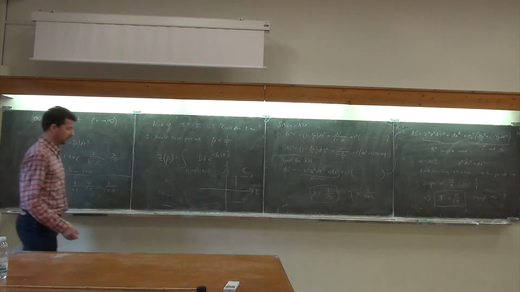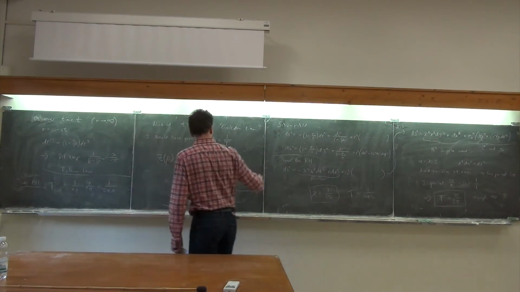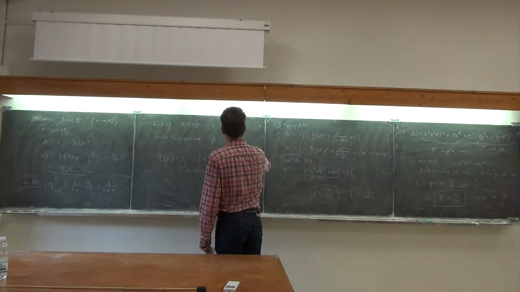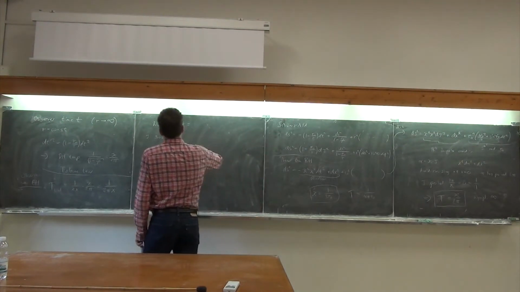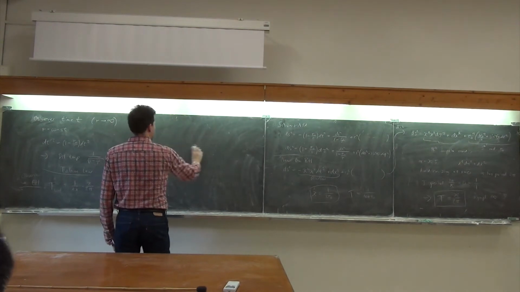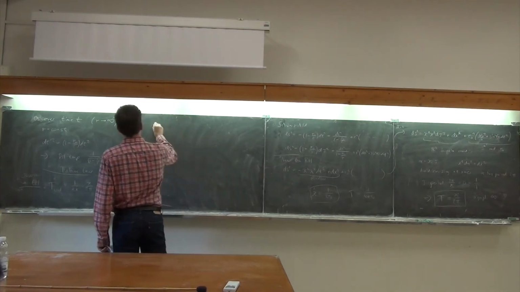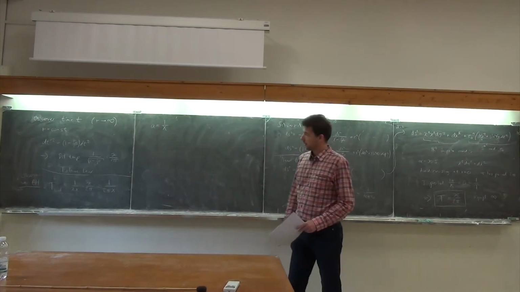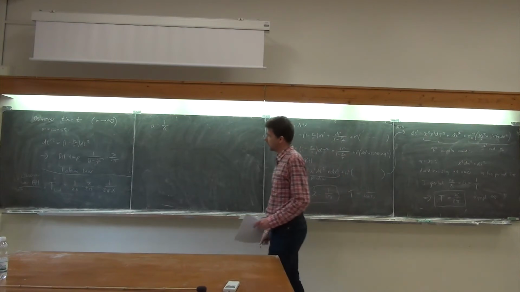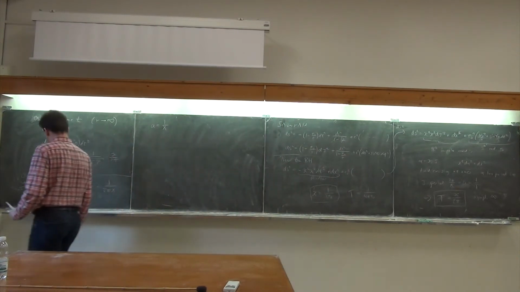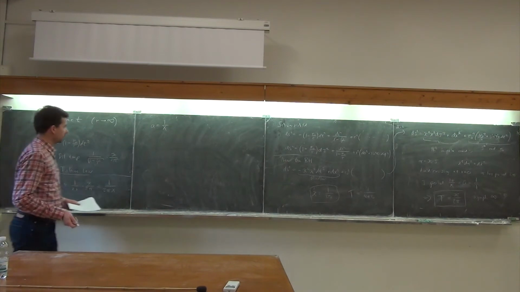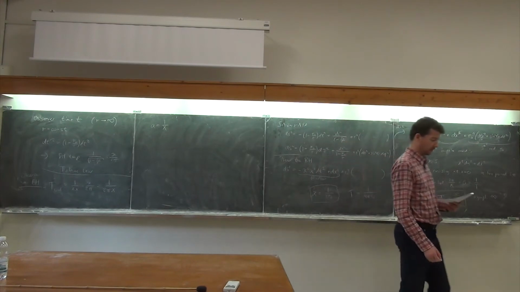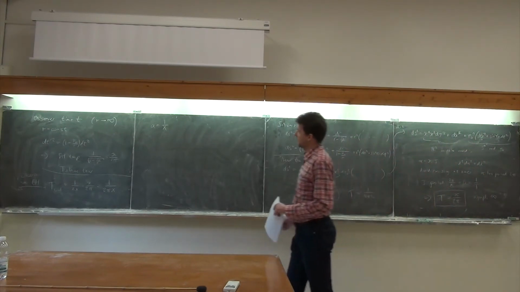And if you remember, yesterday we computed the acceleration for an observer close to the horizon. That acceleration was 1 over x, right? So you see that you have some sort of general relationship between the temperature and the local acceleration.